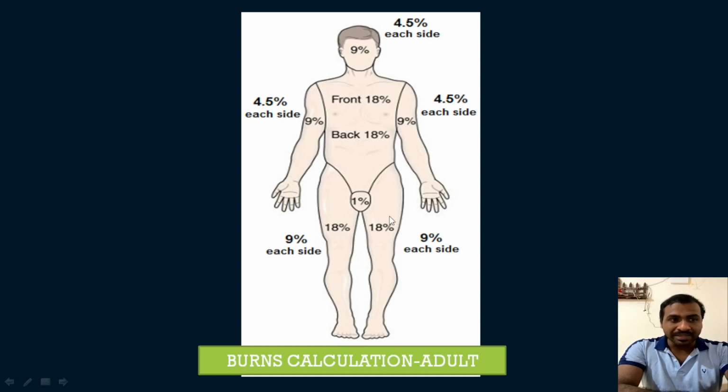Both legs, lower limbs, including the back side and the front side, are calculated as 18%, 9% on each side, and the perineum area is considered to be 1%. So the burns calculation in the adult can be done with the help of rule of 9, and it is divided in this way. In total it will be 100%. Perineum also is considered as 1% in adults.